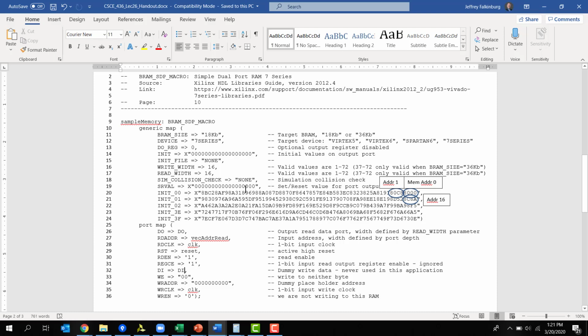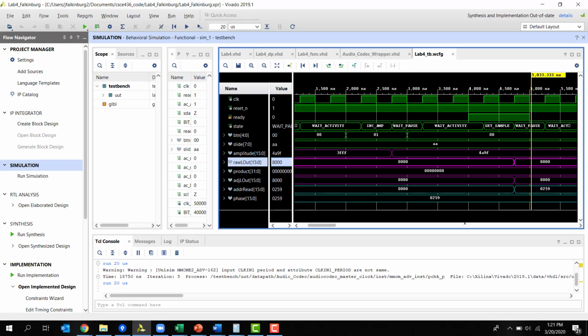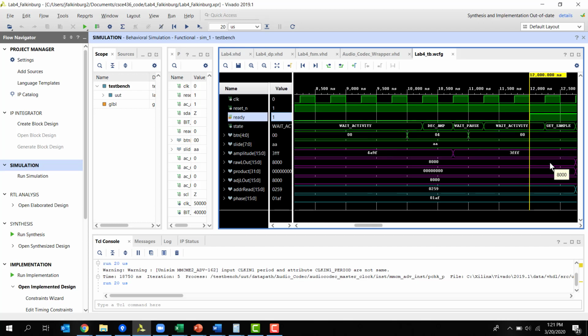You can use these initialization values to start out with your simulation before you actually generate your whole waveform for your initialization, just to test it out and make sure it works. So that first index gets that value, and then we'll look for the next ready signal.